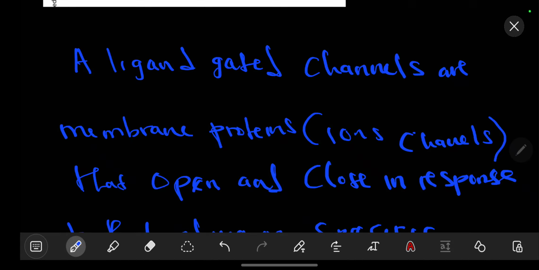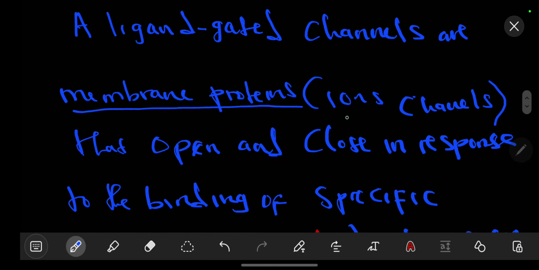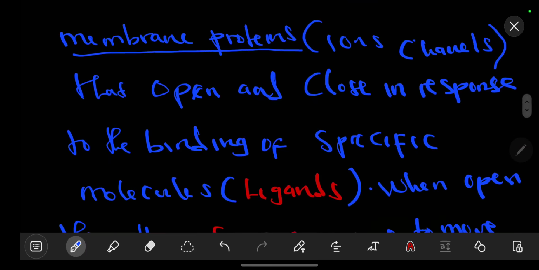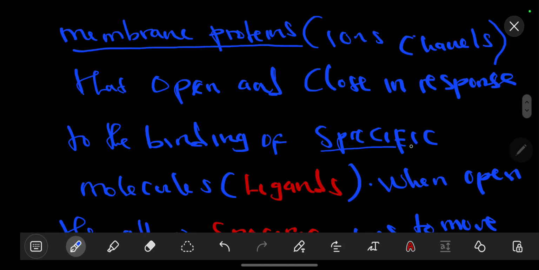So to simplify things, these are the notes that I've created for you. Ligand-gated channels are membrane proteins which are ion channels that open and close in response to the binding of specific molecules. The specific molecules are the chemical substances we were calling ligands.